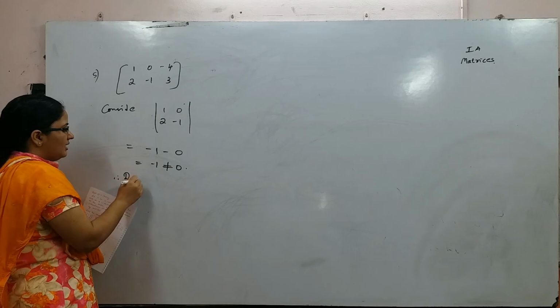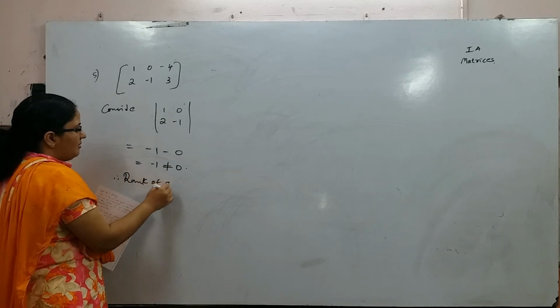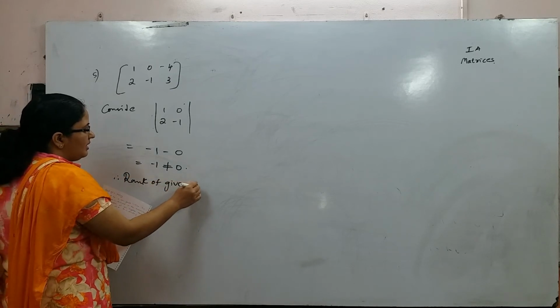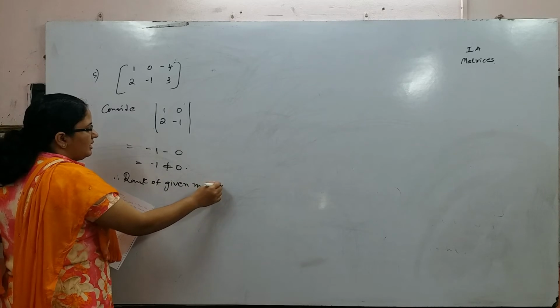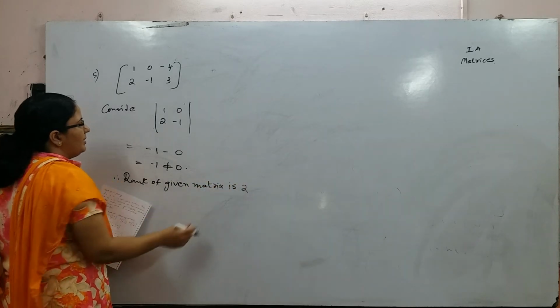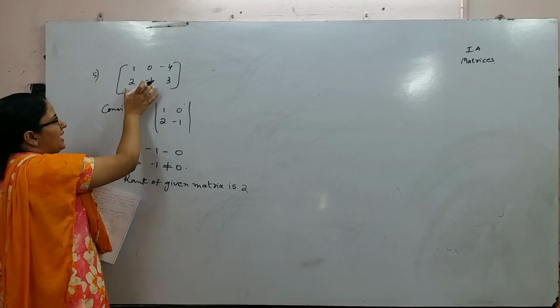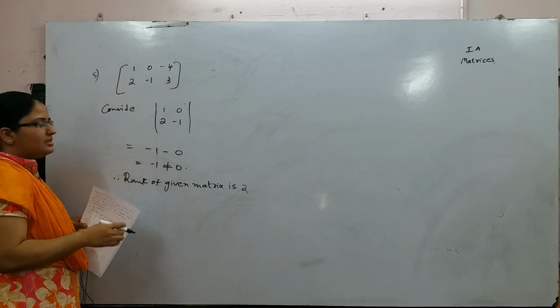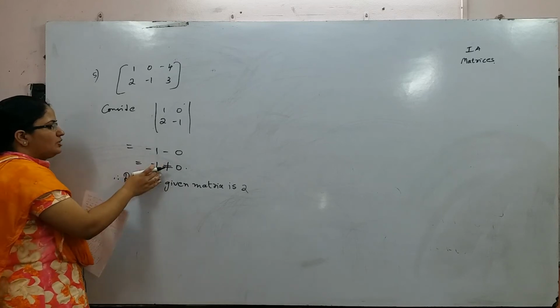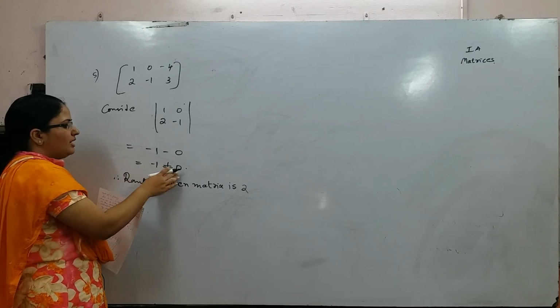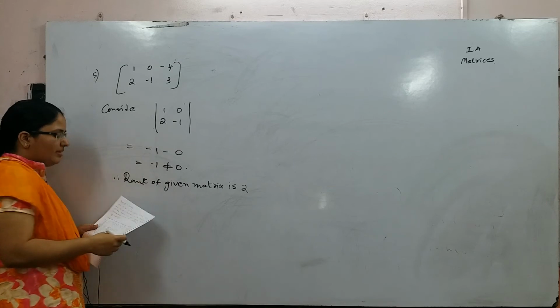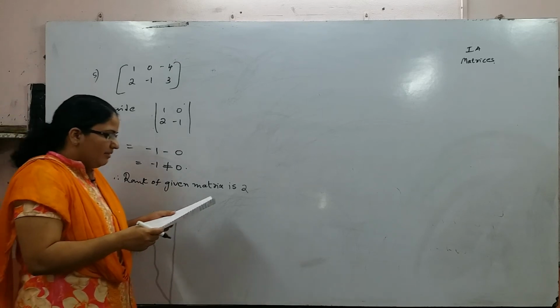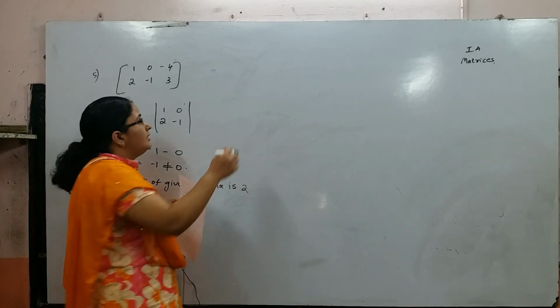Therefore, the rank of the given matrix is 2, because here you have to take the 2 by 2 matrix, then you go for the 1 by 1 matrix. Here for the 2 by 2 matrix you got determinant not equal to 0, so the rank of the given matrix is 2. I will give you one problem for homework, do it.